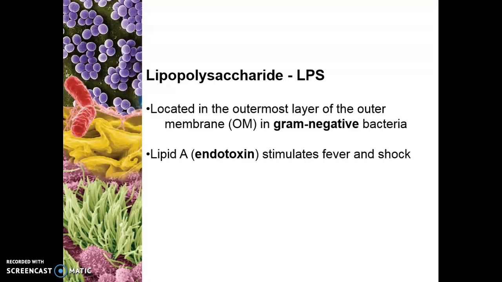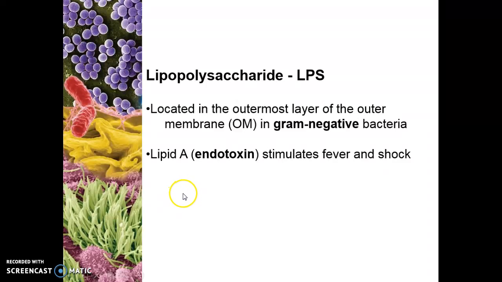All right, moving back to LPS, the lipopolysaccharide. This is again located in the outermost layer of the outer membrane in a gram-negative cell. Some different names for it are lipid A and endotoxin. The lipid A is just part of that molecule.